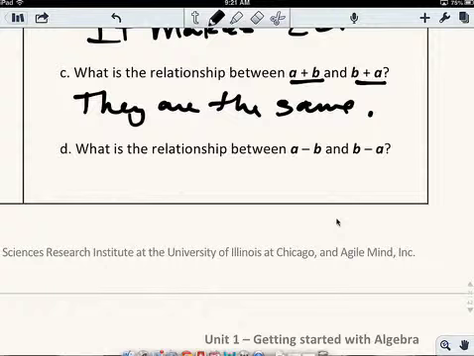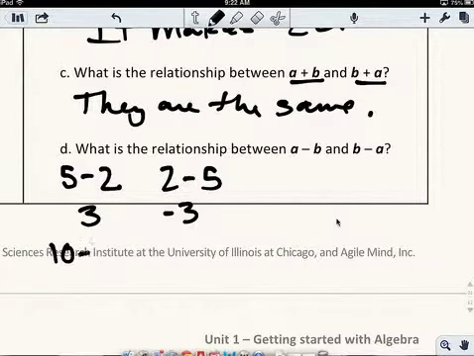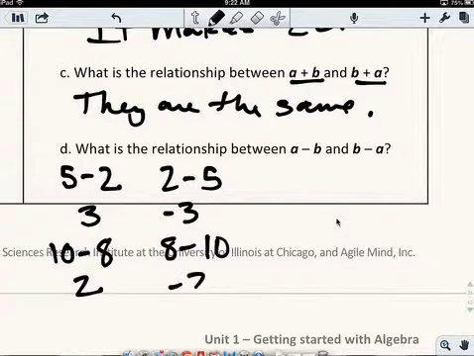I'm going to try some numbers. I'm going to try 5 minus 2 and 2 minus 5. 5 minus 2 is 3. 2 minus 5 is negative 3. I'm going to try one more set of numbers. 10 minus 8, 8 minus 10. 10 minus 8 is 2. 8 minus 10 is negative 2.